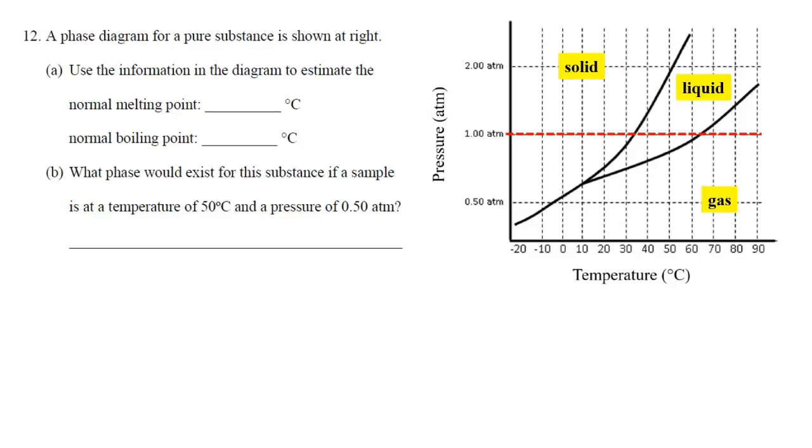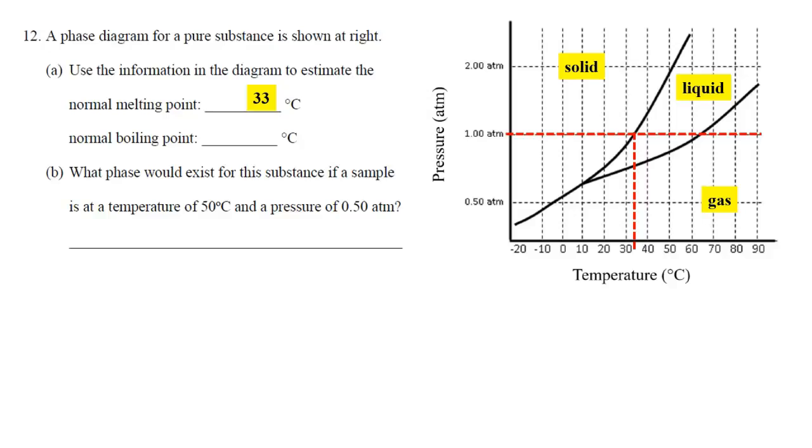And when it crosses over from a solid to a liquid at that line, I'm going to go find the temperature by drawing a vertical line. So where it goes from a solid to a liquid at 1 atmosphere, that appears to be somewhere between 30 and 40, but it looks like it's approximately 33 degrees Celsius. Now you might say 32 or 34, but that's approximate. I'm just estimating on the x-axis.